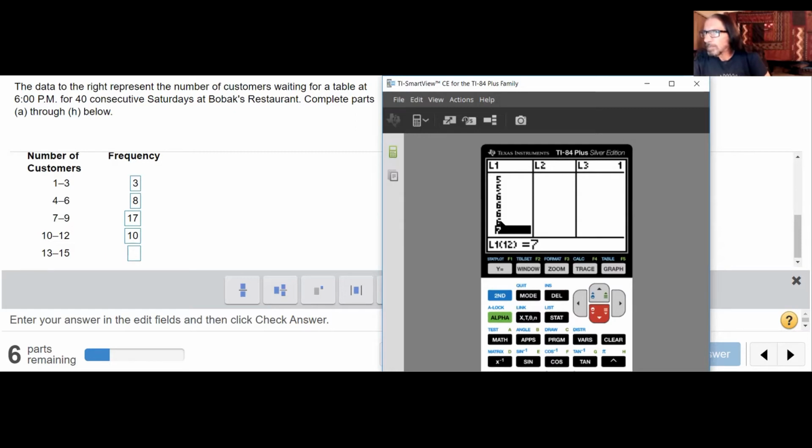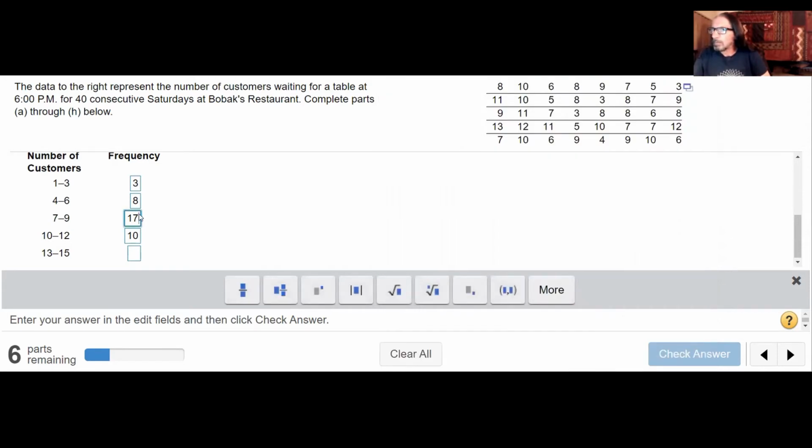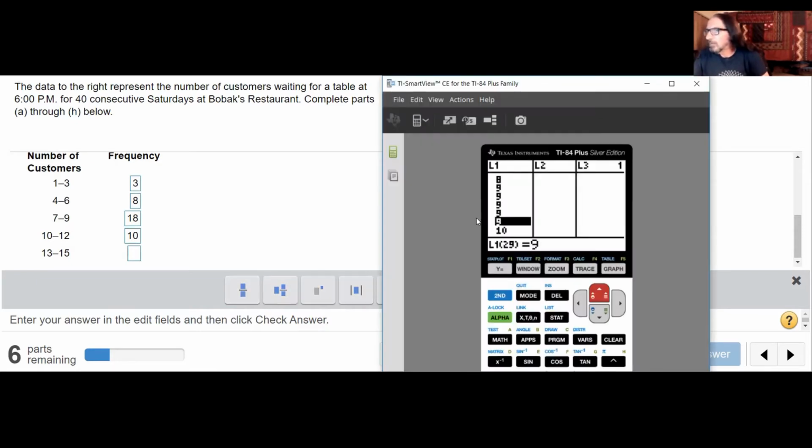However, I'm double checking that I entered the scores correctly and that I counted things correctly. I think I left 1 out from my count of frequency in some earlier class. And indeed I did.